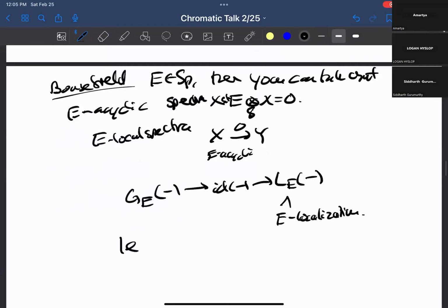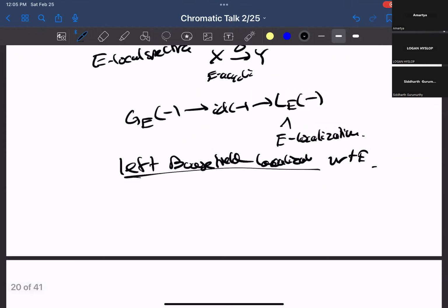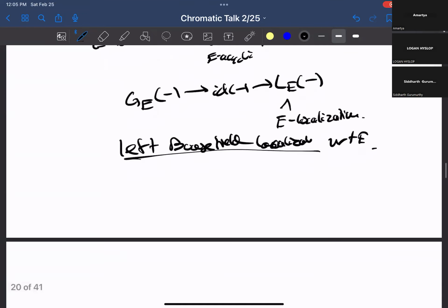This is called the left Bousfield localization with respect to E. This can be defined as the universal E local spectrum with a map from any spectrum X, such that the map is an E equivalence, so it's an equivalence after you smash with E. That actually characterizes it, the fact of being an E equivalence to an E local spectrum.